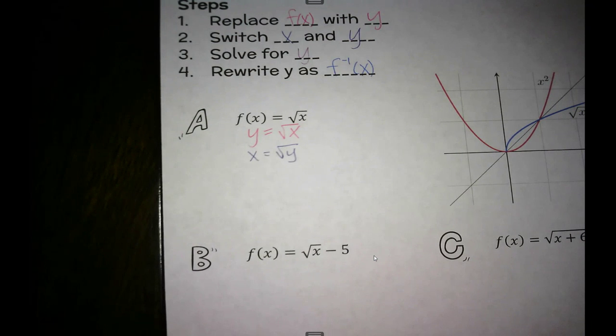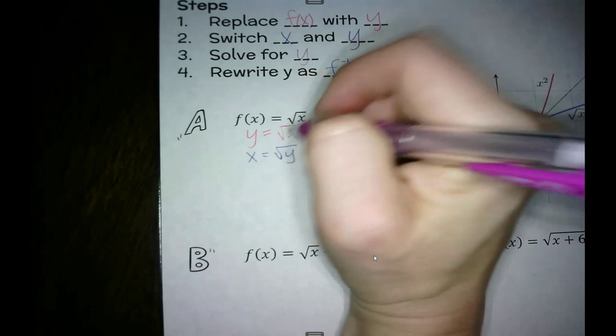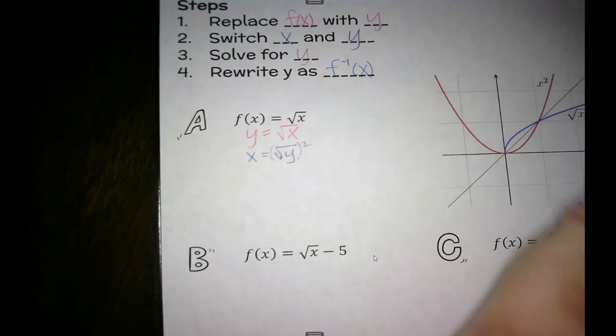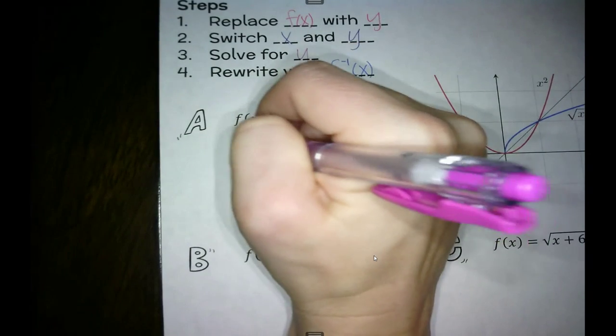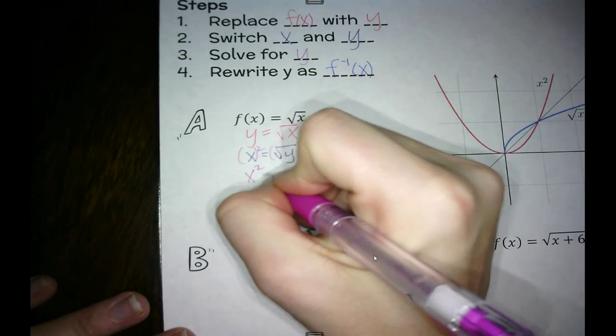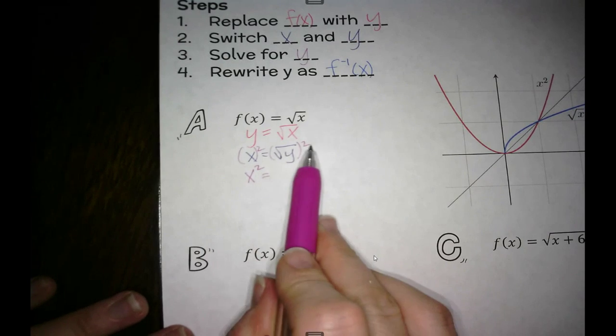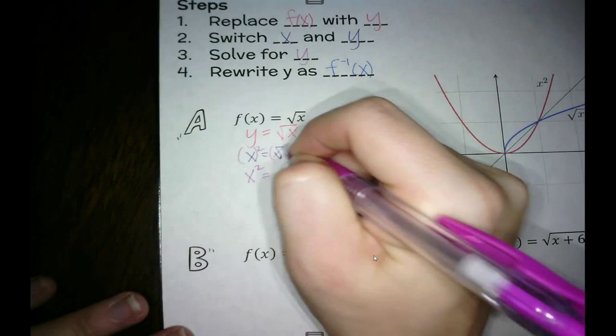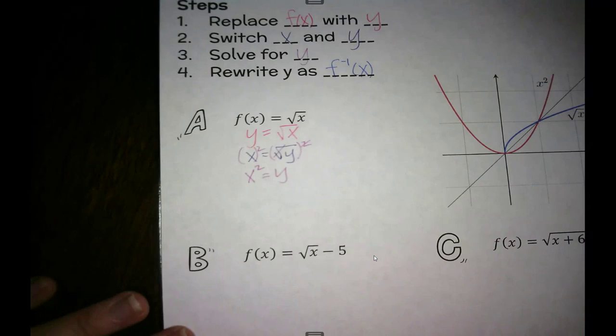Remember, when we're doing this, we're trying to get y by itself, and we're doing opposite operations to get that by itself. So opposite of a square root is square. If I do it to one side, I got to do it to the other. So x squared equals, if I take the square of the square root, those go away, and I'm just left with y.